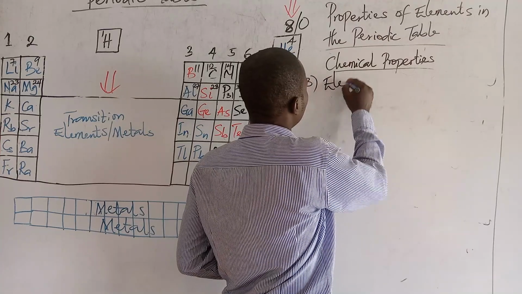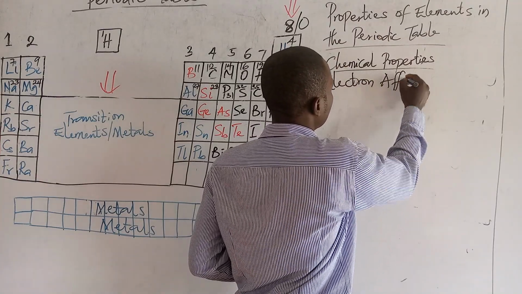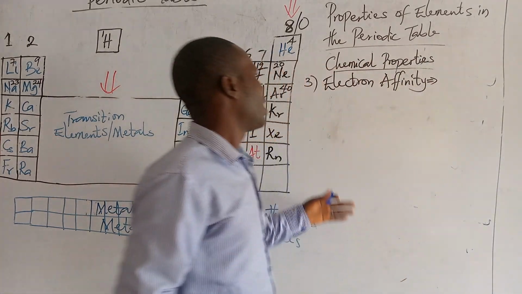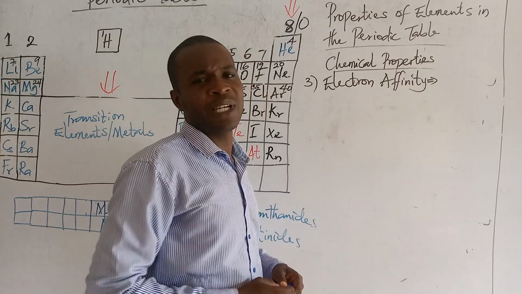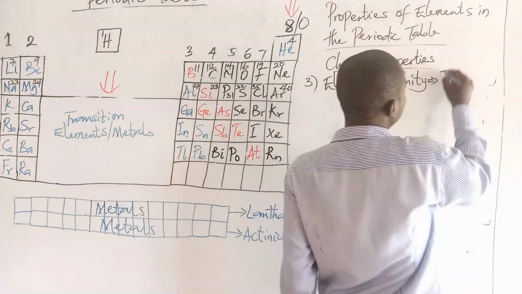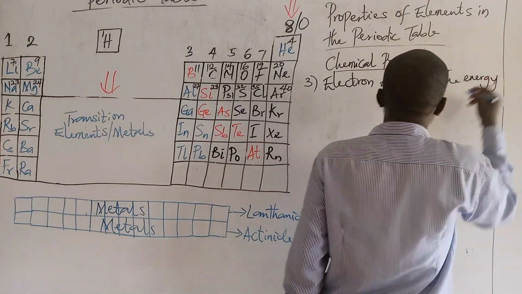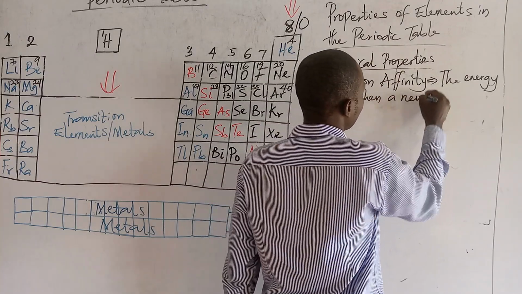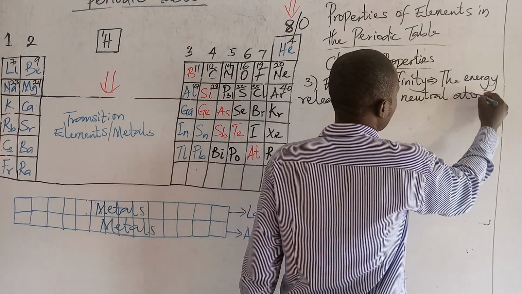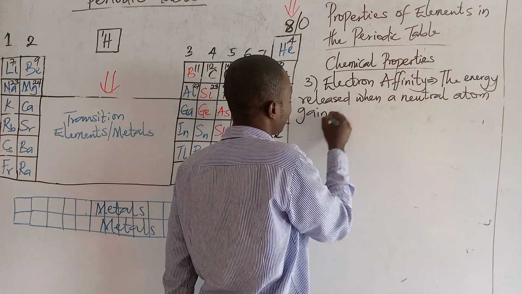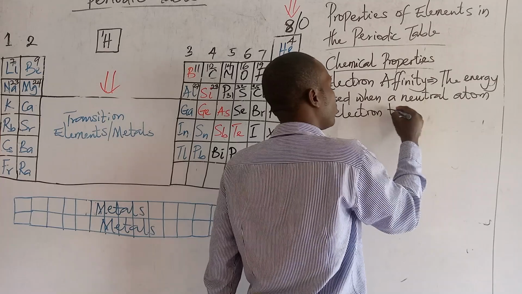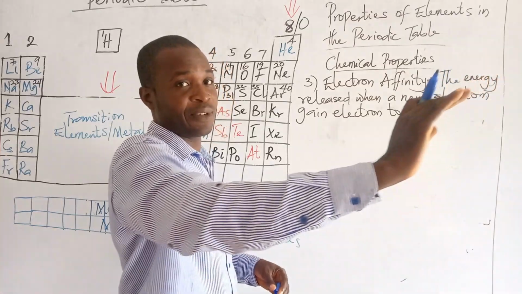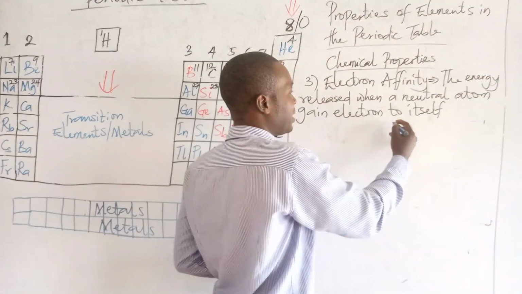So we look at number 3. That is called electron affinity. Electron affinity is like the opposite of the other one we looked at, ionization energy. This is the energy released when an atom gains electron to itself. Remember, ionization energy has to do with release of electrons, so this one has to do with gaining of electron to itself.